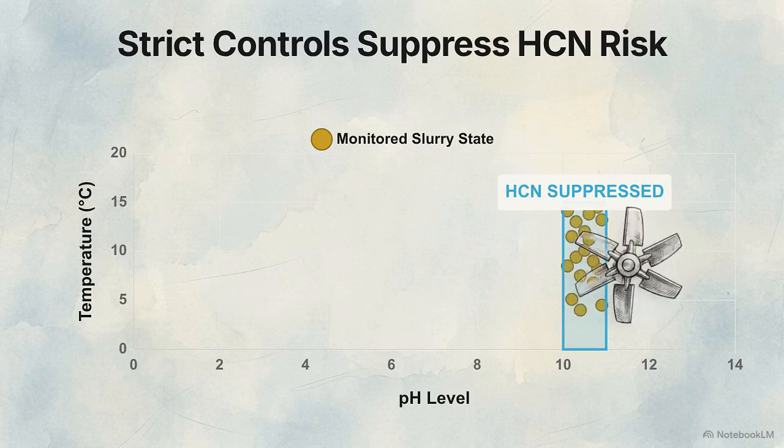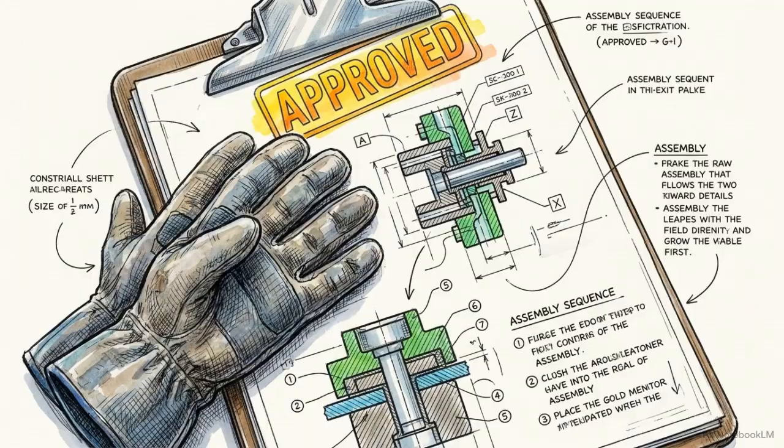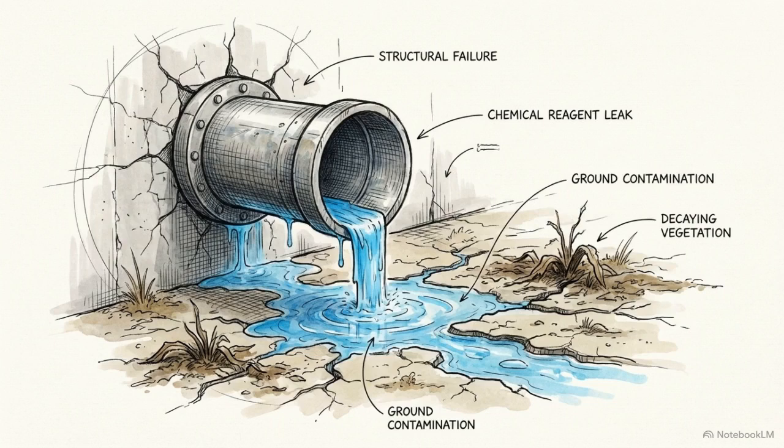There can be no stagnant zones where acidity spikes or temperature drifts. Establishing these chemical baselines is the non-negotiable first step. Without them, the plant loses immense amounts of capital through evaporating cyanide, while simultaneously risking lethal environmental contamination.